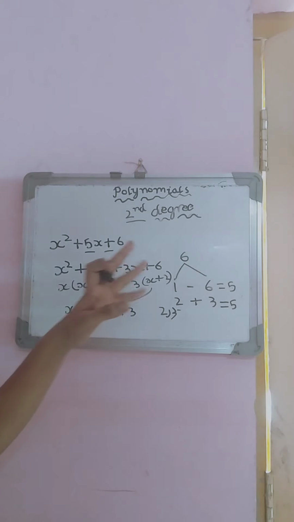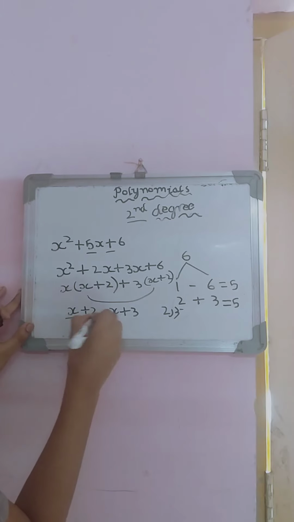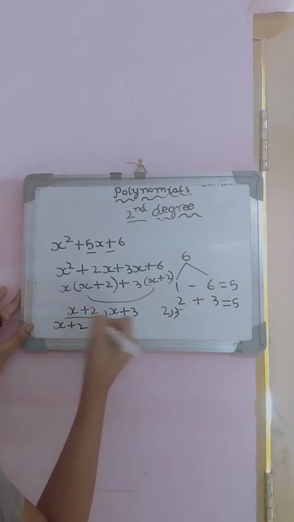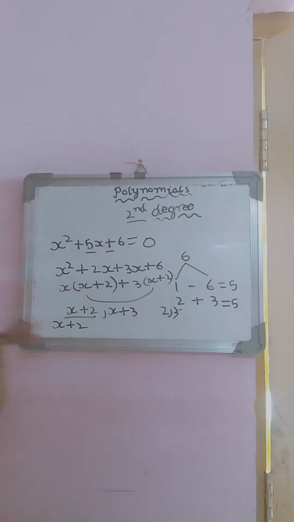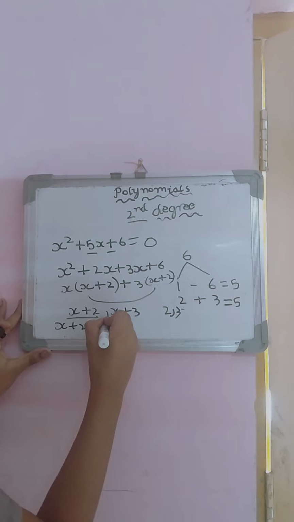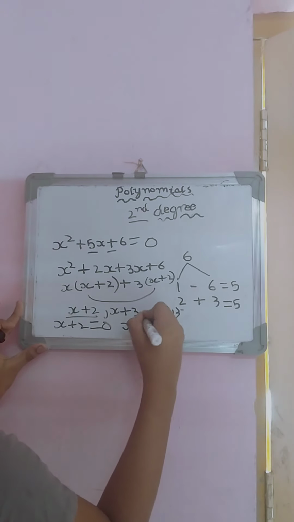From the same method we can find the roots. Here x plus 2 is 0. Already this equation is equal to 0, but in every question they do not give equal to 0, so we should see it like that. x plus 2 is equal to 0, and x plus 3 is also equal to 0.